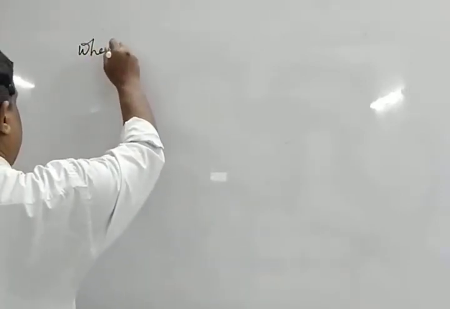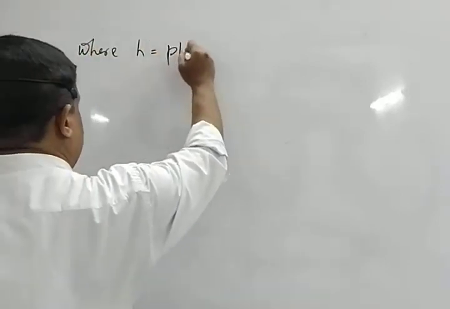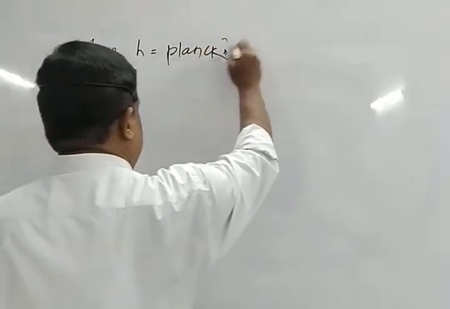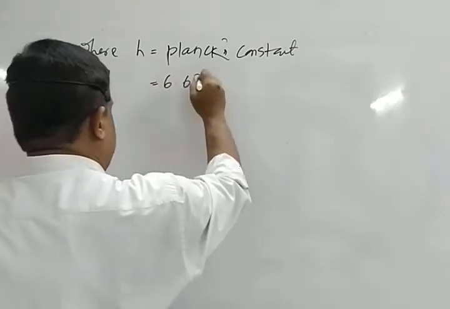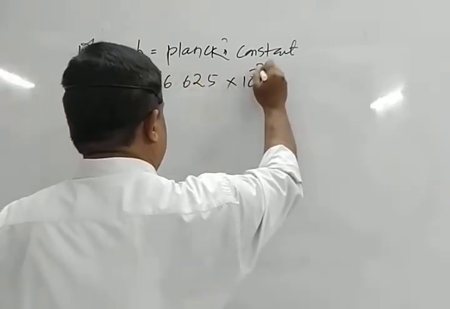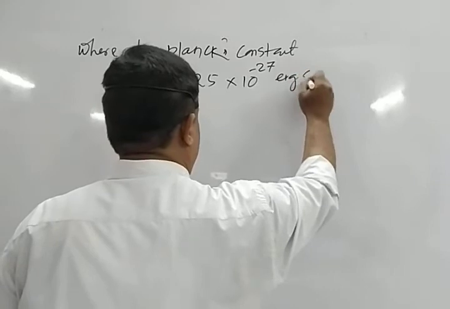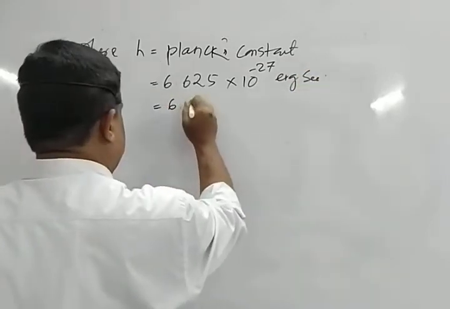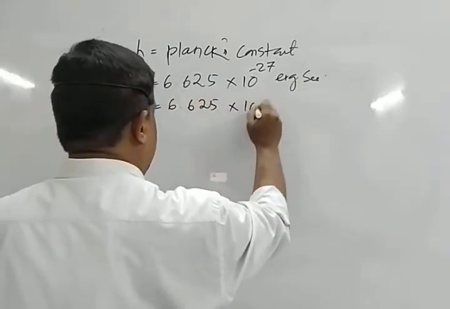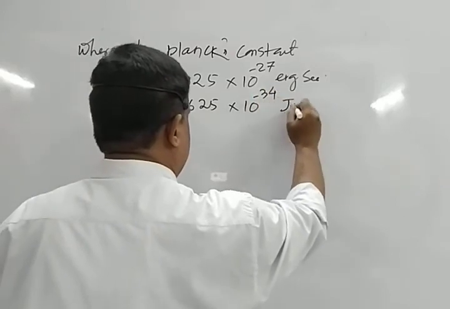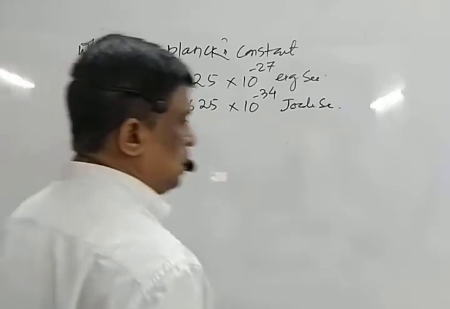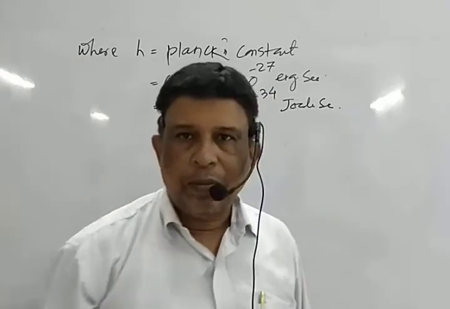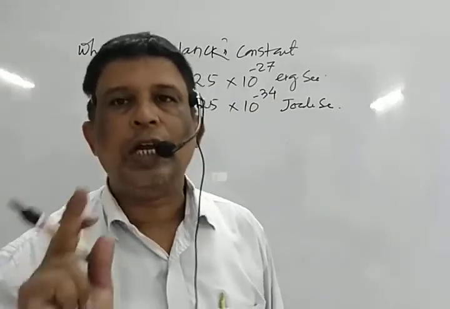Where h is known as Planck's constant, and its value is equal to 6.625 into 10 to the minus 27 erg second, or 6.625 into 10 to the minus 34 joule second. E is equal to h nu. Then the last one is energy absorbed or emitted in the integral multiple of h nu.